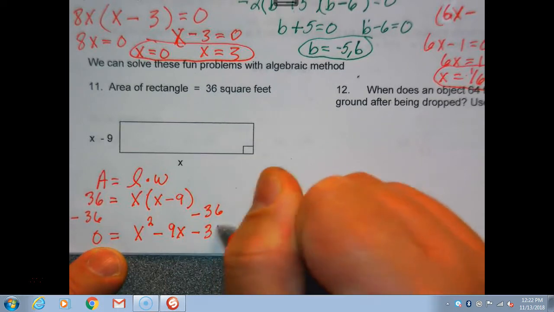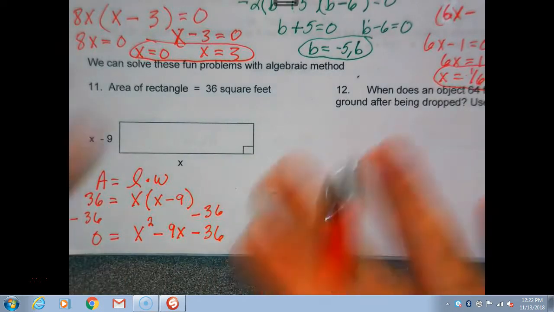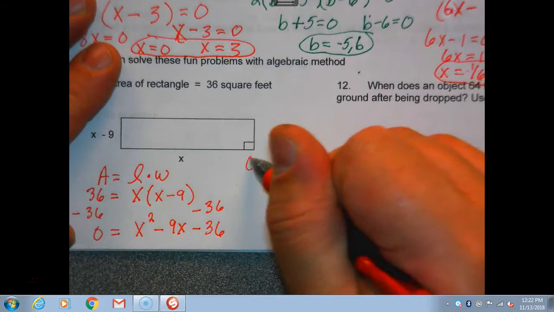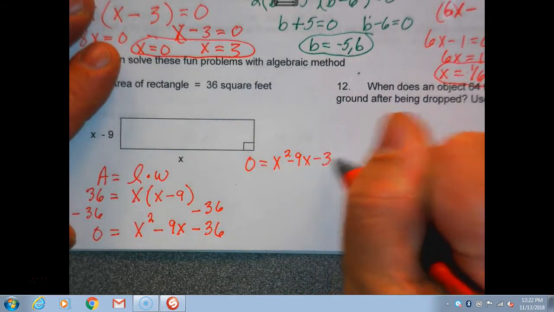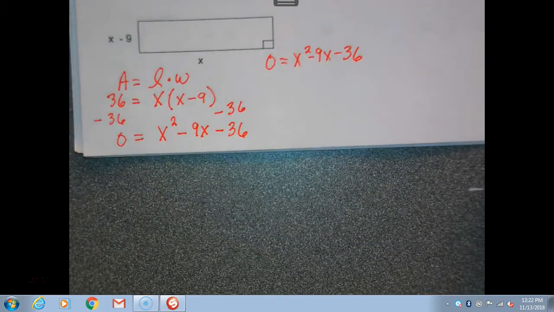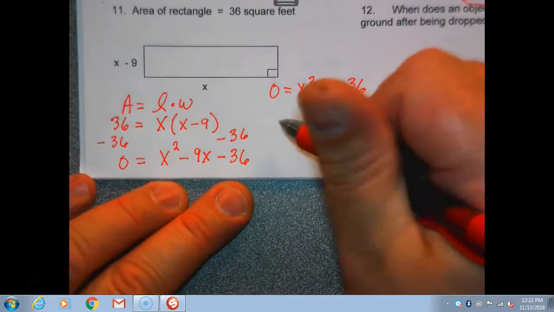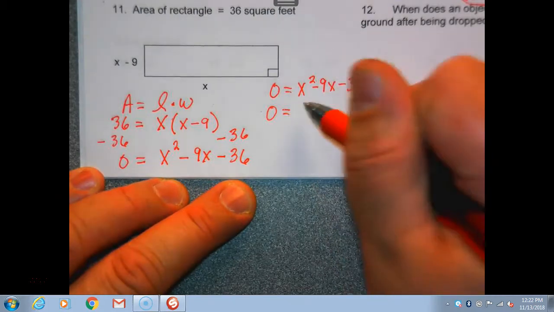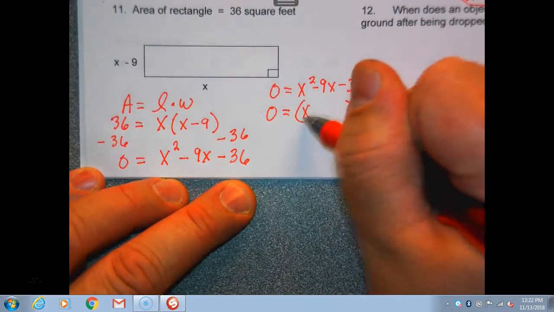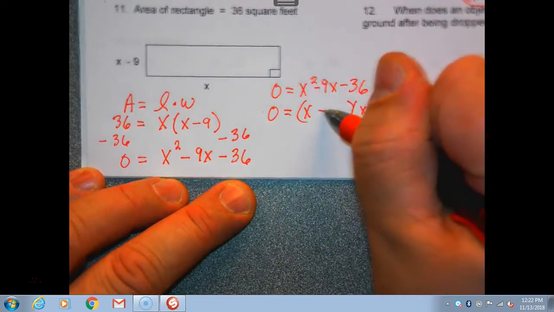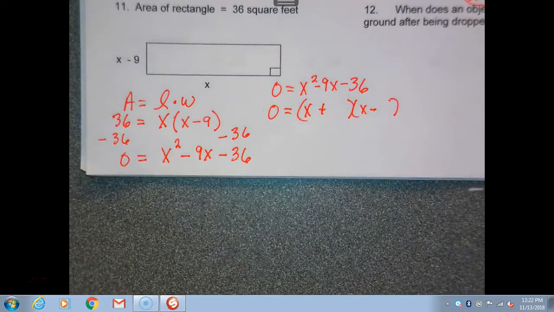Minus 36. Okay, I have a trinomial, which means I'm going to have to reverse FOIL. Only one way to get x squared is x times x. That's a minus. One has to be plus, one minus. What do you think?